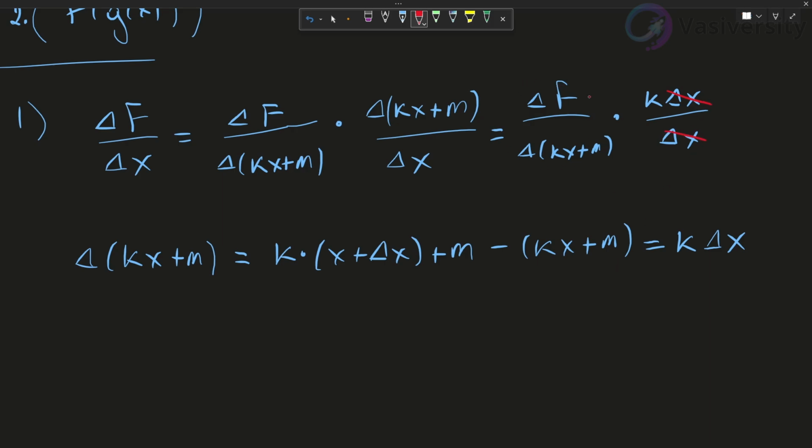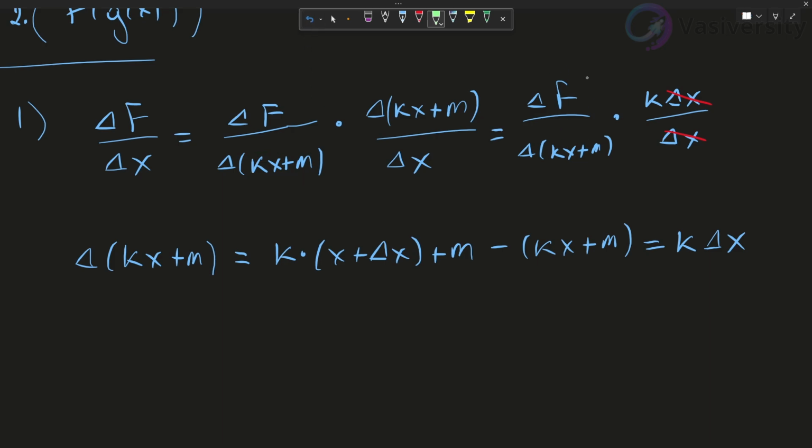So the whole key here is how we treat the variable. If we had an x, we would treat x as the variable, but now we're treating this whole thing as the variable. It's just a longer way to write that variable.